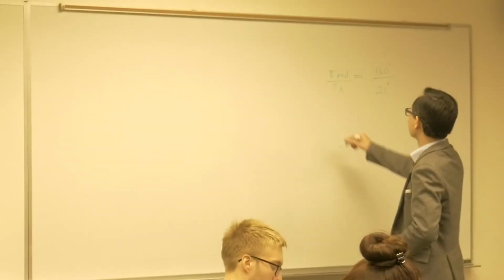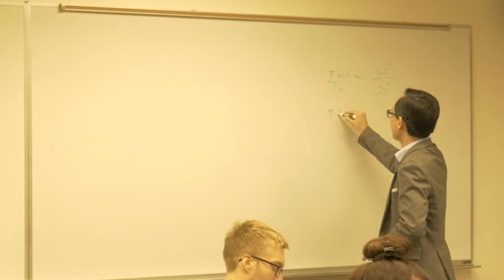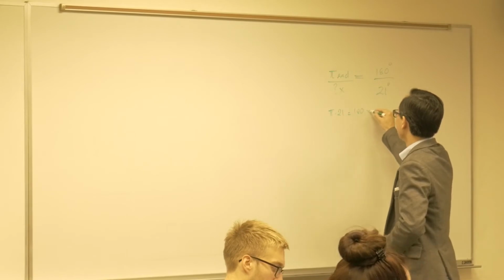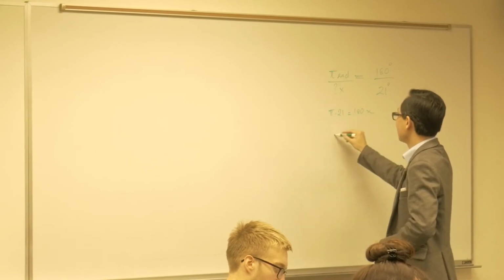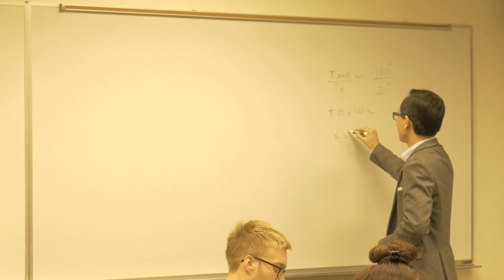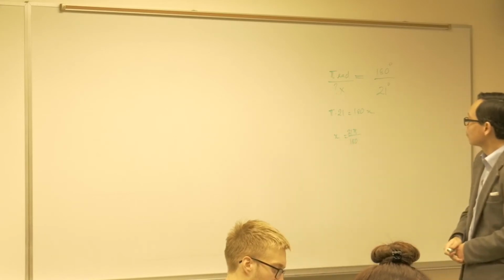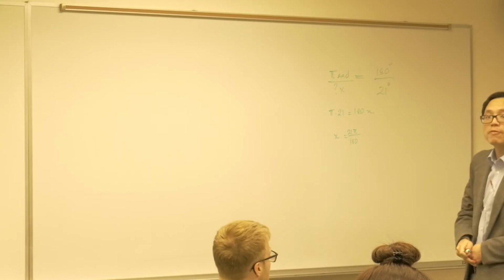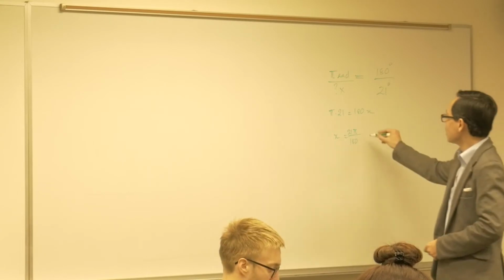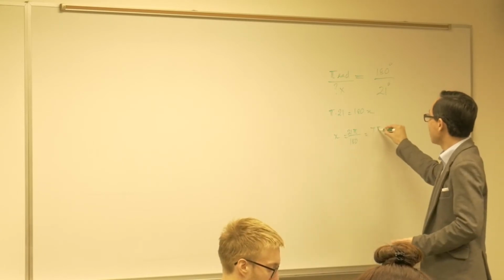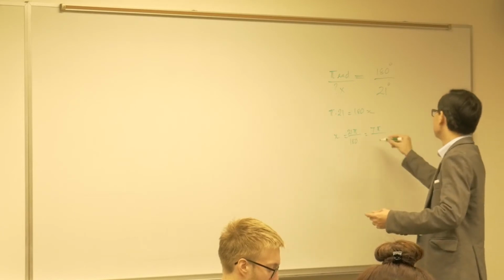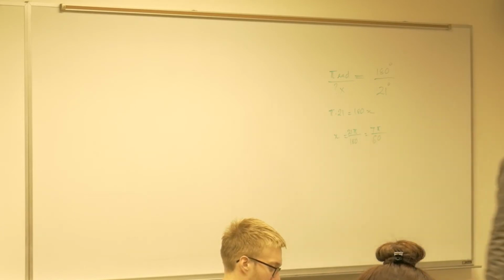Same thing, so I cross multiply. I have pi times 21 equal to 180x. I divide both sides by 180, so I have 21 pi over 180. If I simplify this fraction, it gives you 7 pi over 60 radian.